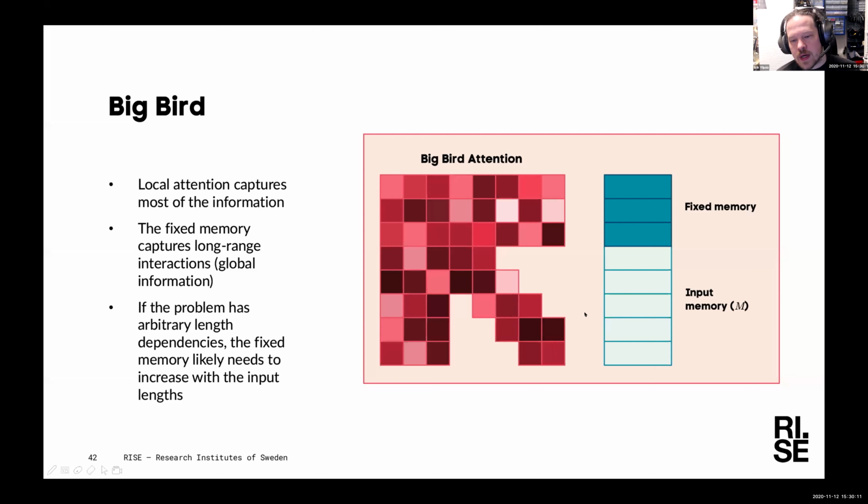In this way, the interactions with elements which are close together in a sequence, for example, can be captured by these local attentions. But we still have these information pathways going through this fixed memory back into our sequence memory.